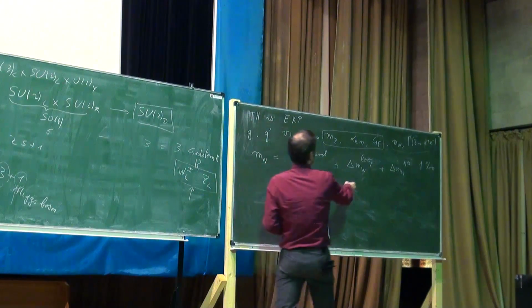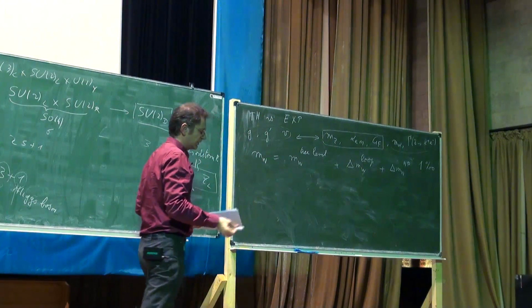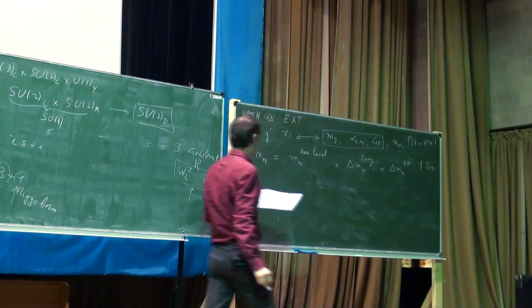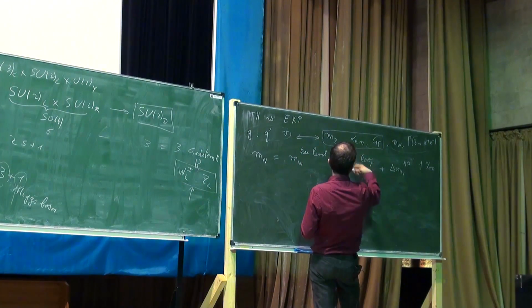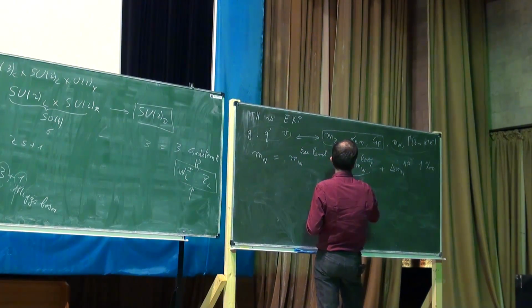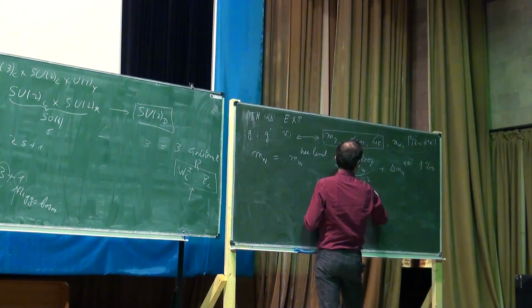So the typical correction coming from the loop, right? It's a loop of a standard model weak interaction. So the correction here will be MW standard model times the one-loop factor, which is typically of the order of g squared divided by 16 pi squared.